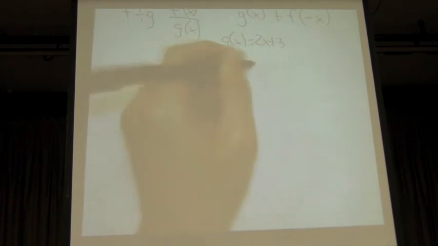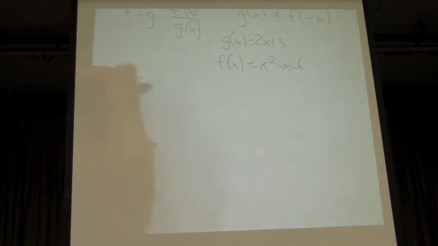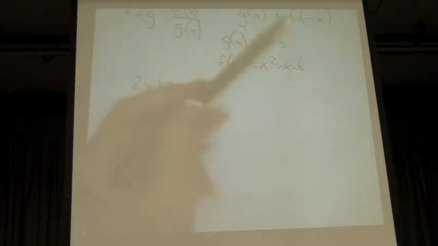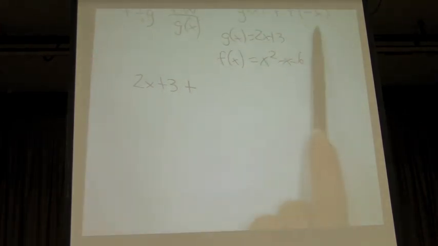In my review packet, I got this example. It was g of x plus f of negative x. Same idea. If the g of x function was 2x plus 3 and the f of x function was x squared minus x minus 6 like mine was, then you'd have 2x plus 3 plus, now f of the opposite of x means everywhere you have an x, they want you to replace it with a negative x.